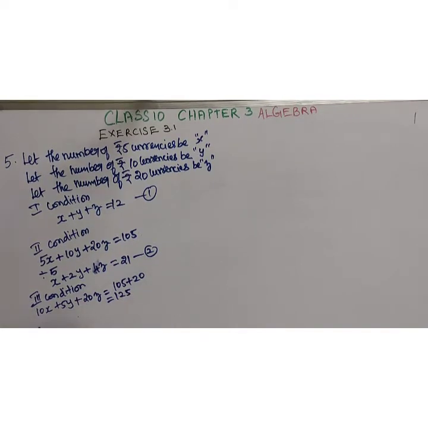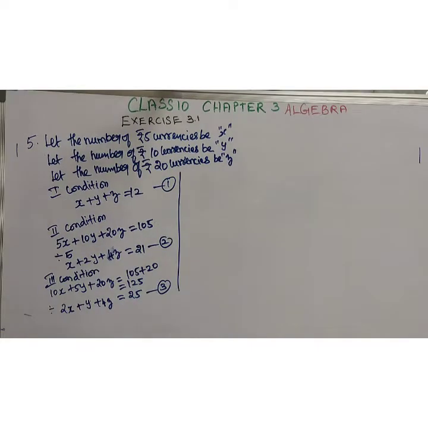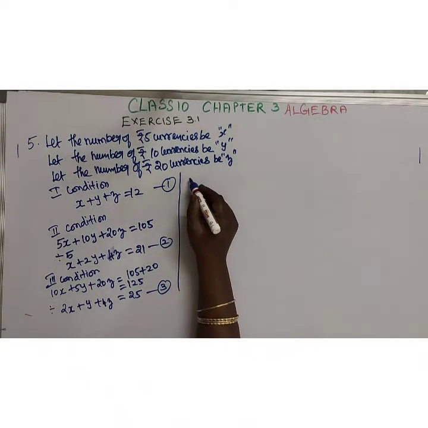Now divide by 5. So 2X plus Y plus 4Z equal to 25. Have this as third equation. Now solving these three equations, we can get the value of X, Y, Z. Solving 1 and 2.